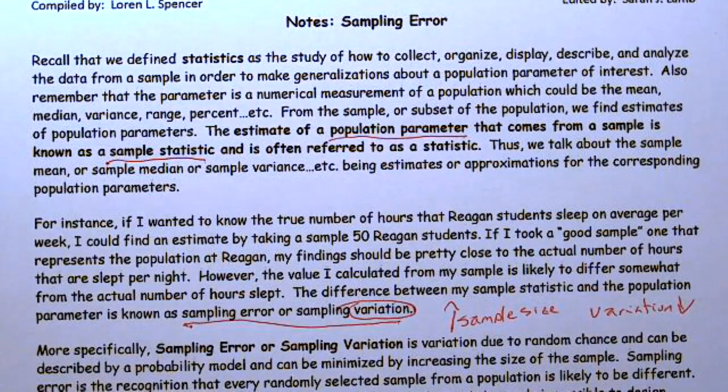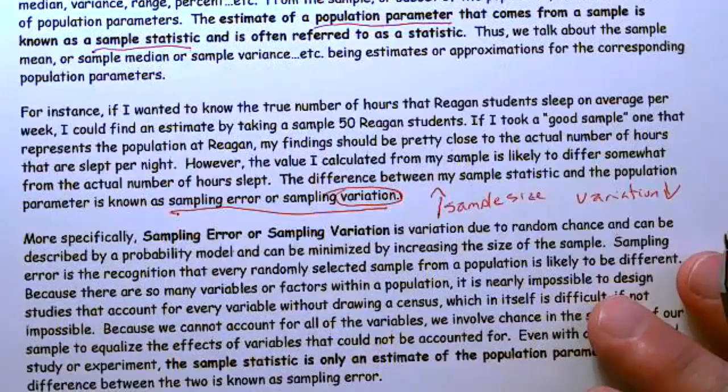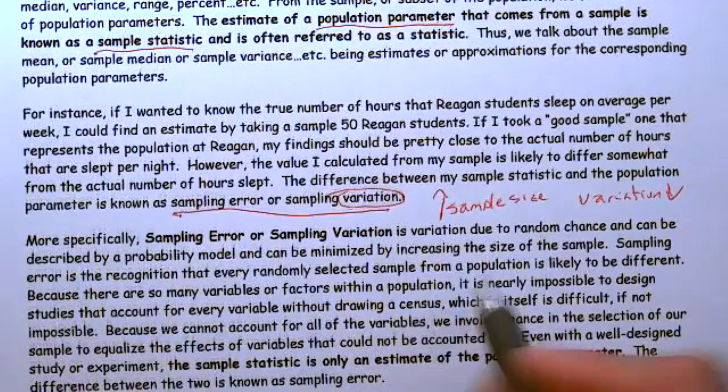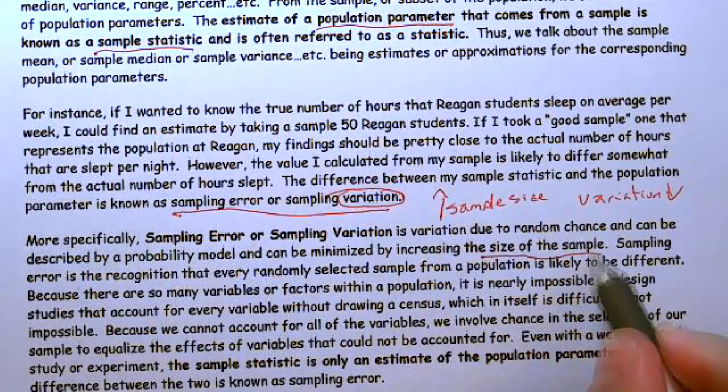Remember, sampling error is not bias. Bias cannot be fixed. We can't eliminate sampling error, but we can minimize it by increasing our sample size. All right? So sampling error or sampling variation is due to random chance, and we can describe it by a probability model, and we can minimize it by increasing the size of the sample.